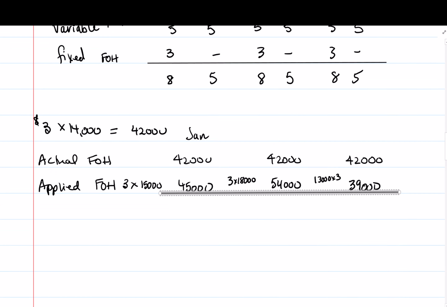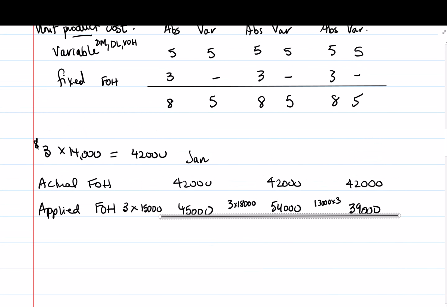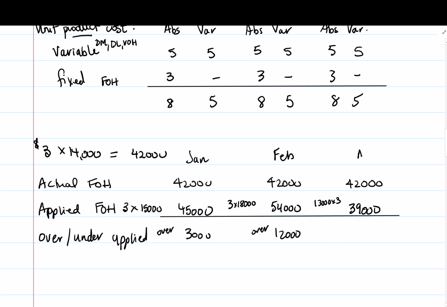So your unit product cost is not changing because you're just applying it based on a predetermined overhead rate, which is different than the other questions that we did in Chapter 8. If you look at this, if it's over or under applied, you've got 3,000 over applied in January, 12,000 over applied in February, and 3,000 under applied in March.